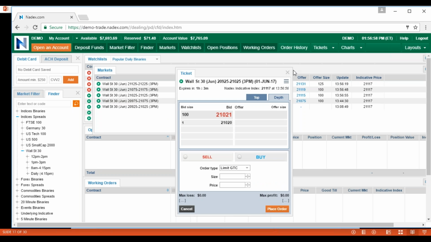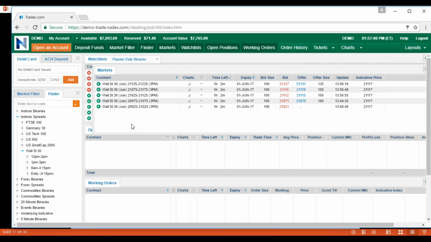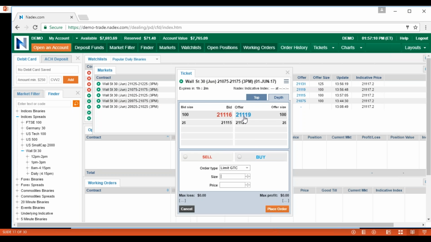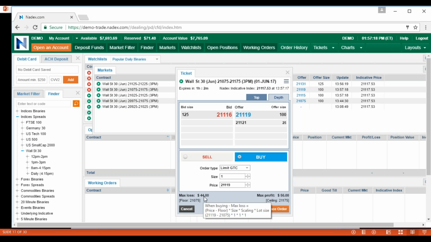Well, the market's moved quite a bit here. Let's see about this one here. Okay, so let's say I wanted to buy this spread right here. My max loss, $44.